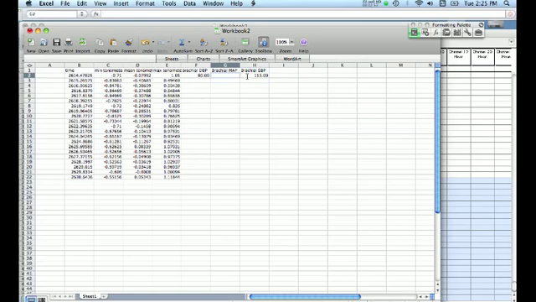We can calculate mean arterial pressure as the following: 1/3 of systolic, actually put a multiplication sign there, plus 2/3 times diastolic.